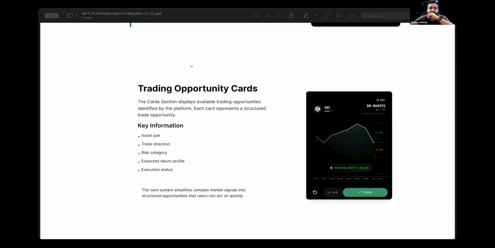Okay, did you guys get it? Yes. deck.riftprotocol.ai. Perfect.